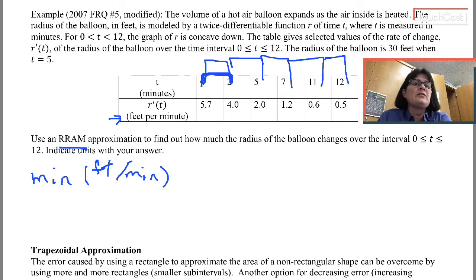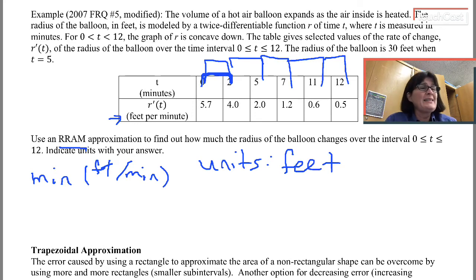So the units on my answer, the minutes and the feet per minute are going to cancel. My units are going to be feet. And that makes sense because a radius is measured in feet, so we can figure out how many feet difference between the original radius and the ending radius. That's the answer to their question. That's how much the radius has changed over this time interval.